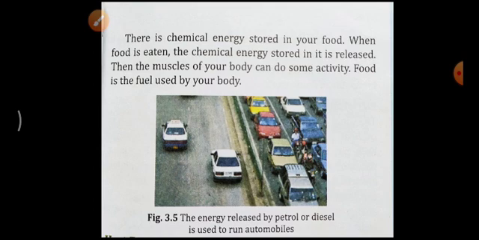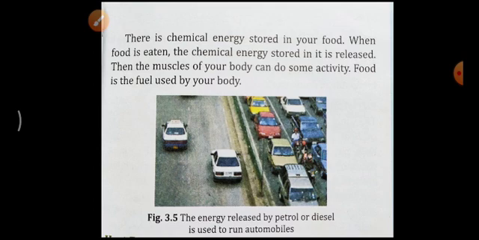Food is the main source of energy for human beings. So food is the fuel used by our body also. Yes, we all get that chemical energy, which was stored previously, from the food after digestion.